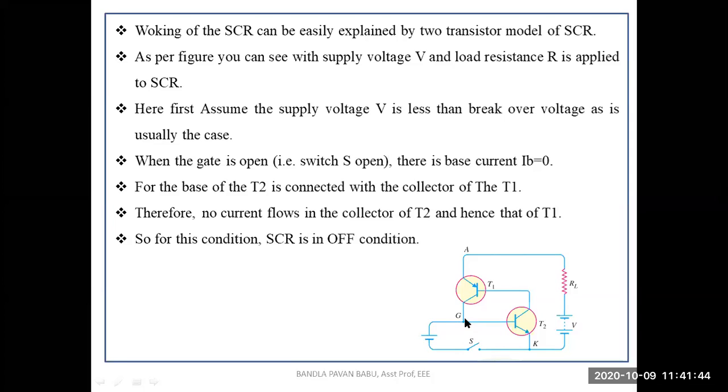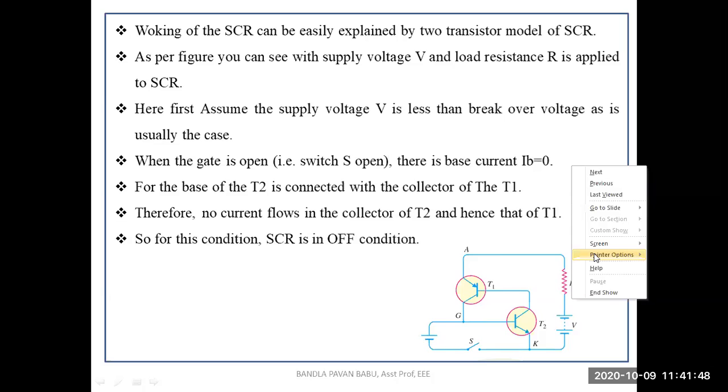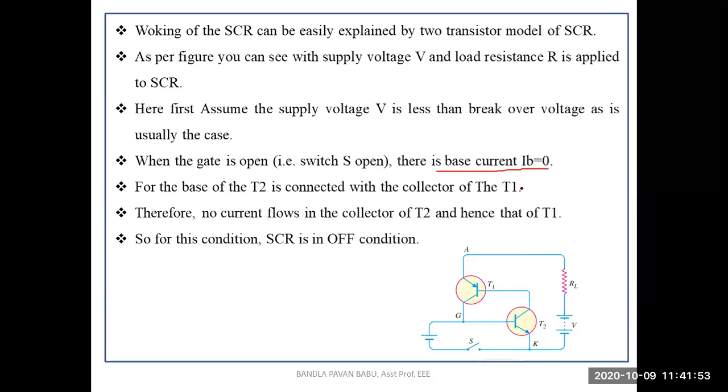Since the collector and base are connected, IB equals 0. So the IB is 0 for the base of T2, to which the collector of T1 is connected, so no current flows through the collector of T2 and hence that of T1. Since there is no input here, this transistor will be turned off.